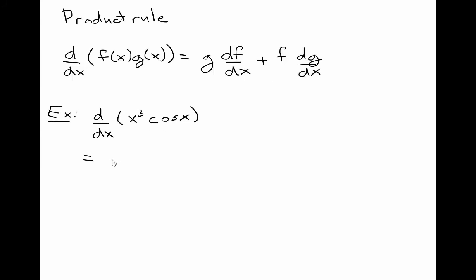So first we're going to take the derivative, I'm going to go d dx. We're going to take the derivative of x cubed, but we're going to leave cosine alone. And then on the next term, we're going to leave x cubed alone, and we're going to write the derivative of cosine x.